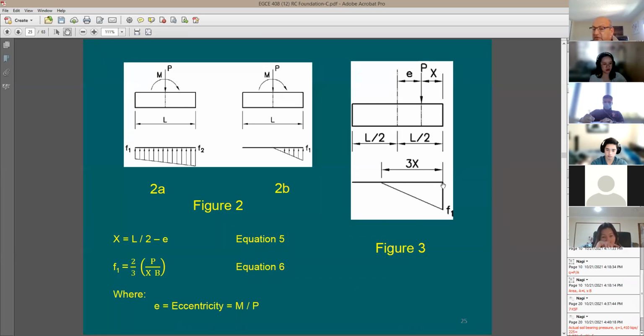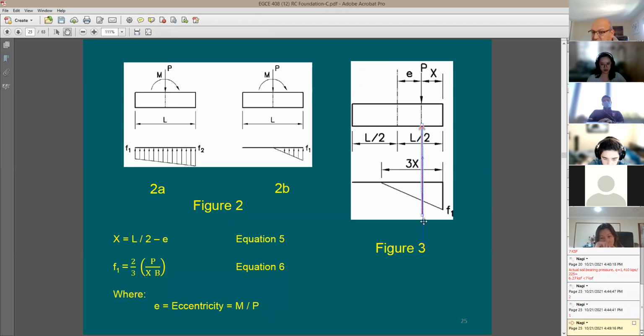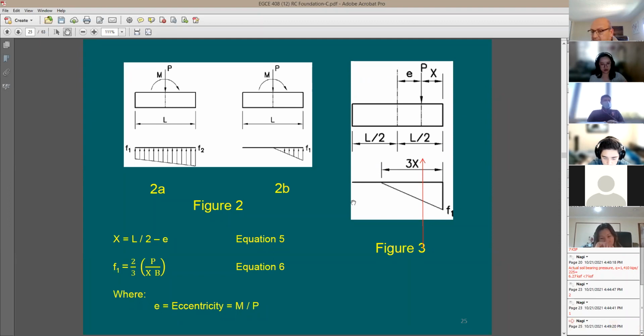Now, if I have this triangular distribution and this distance is X, I understand that the resultant of this triangular distribution is going to be at 1/3 from the base. Meaning if this is x, how much is this x? L over 2 minus e. It means the total length of the base of this triangle is going to be equal to 3 times x. This is x, this is 3x. Why?